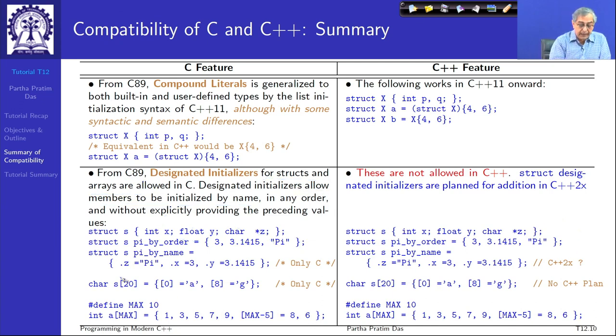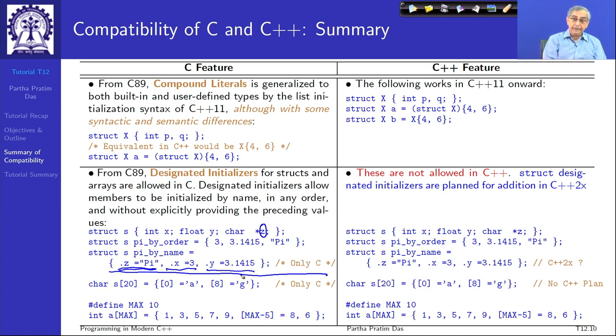Now, in C you can also do this: instead of just relying on the order, you can say dot z, that is this component. That is the notation, there is no name of the object yet. Normally we would write a dot z or a dot y, but that is not there. So, you just write dot z initialized with this value, dot x initialized with this value, dot y initialized with this value.